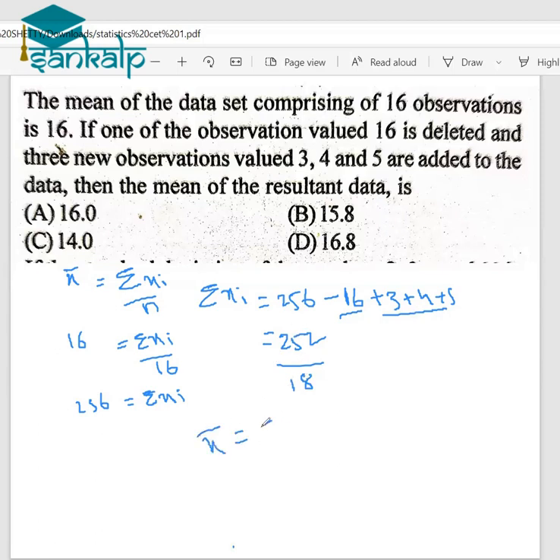So the new mean will be equal to sigma xi upon 18, that is 252 upon 18, which will be equal to 14.